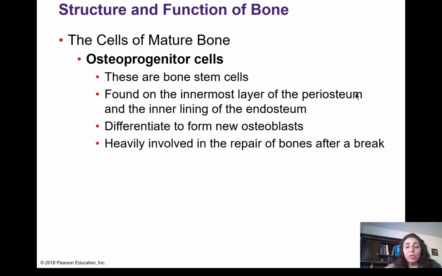So as you see here, these three cells: osteoprogenitor cells, which are stem cells, make osteoblasts. Then osteoblasts make matrix, and finally osteoblasts become osteocytes. So as you see, they're coming one after another. They are all in the line of production of more cells and more bone.